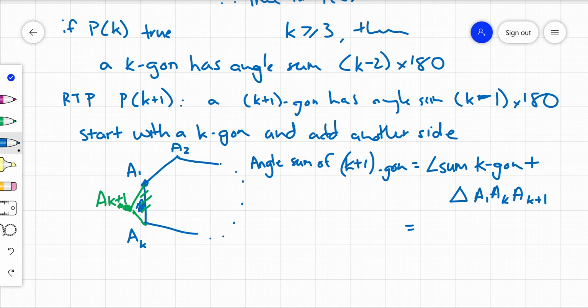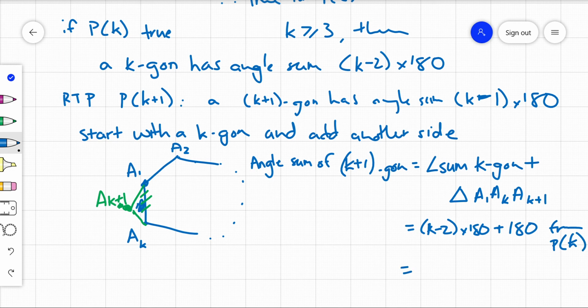We know that the angle sum of a k-gon is k minus 2 lots of 180, and we know the angle sum of a triangle is 180. This is using our P of k.